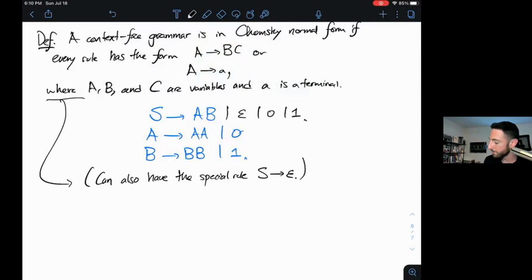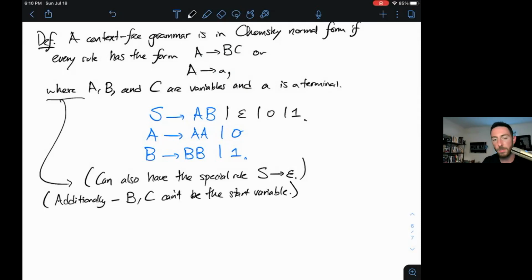S goes to the empty string, and we have a special requirement, which is that the start variable is only allowed to appear on the left. So I'm not allowed to have my start variable on the right, and that's usually actually a fairly simple thing to ensure.